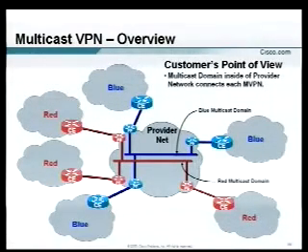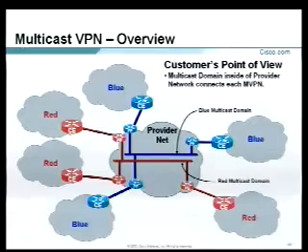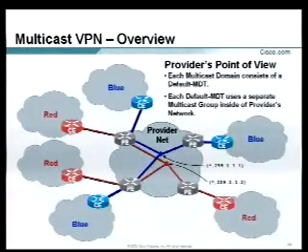From a customer's high point of view, they have their own independent VPN for both unicast and multicast. They have their own color, and it's being forwarded. From the provider's perspective, they've said, okay, for the blue customer, I'm going to use a particular group address, 239.1.1.1 for the blue customer, for instance.